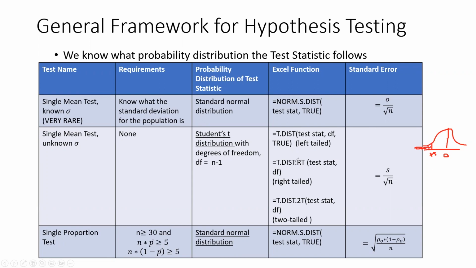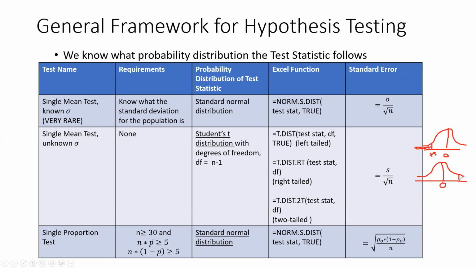For the right tail, we could use the previous function and subtract it from 1, but Excel will automatically give you that right tail probability.